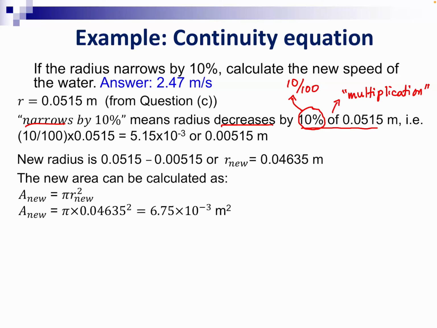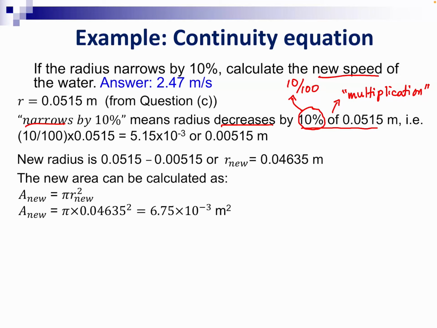Right. So you've now have the new radius, therefore the new area is calculated using the new radius. And so you have the new area here. What you want to find is the new speed of the water.